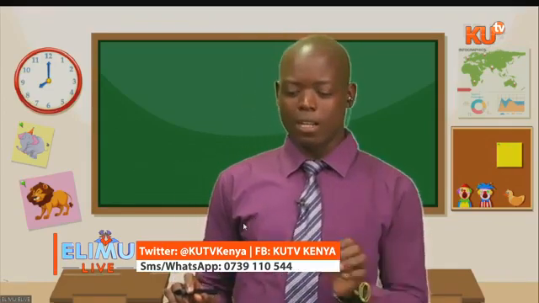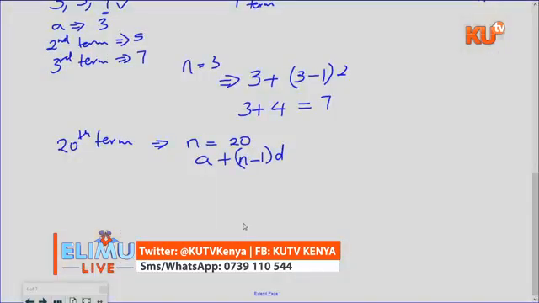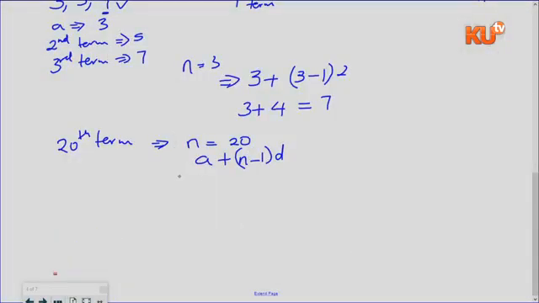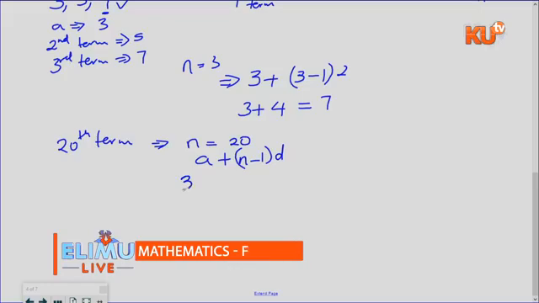Remember, our a is 3, our d is 2, and now we are determining the 20th term of the sequence. That means n is equal to 20. Good. This is what you should have. A is 3, so I hope you've written 3, plus n, which is now 20, minus 1, times the common difference, which is 2.